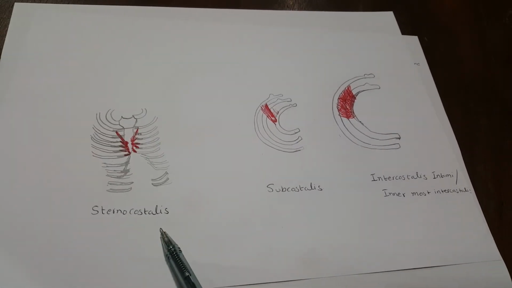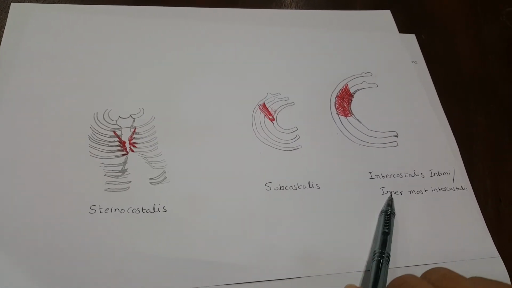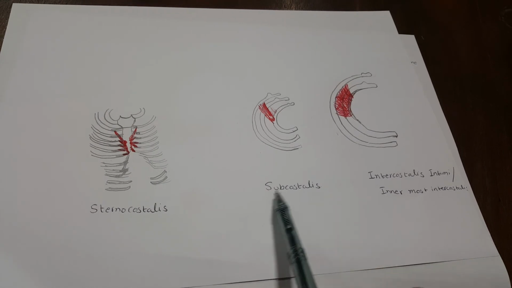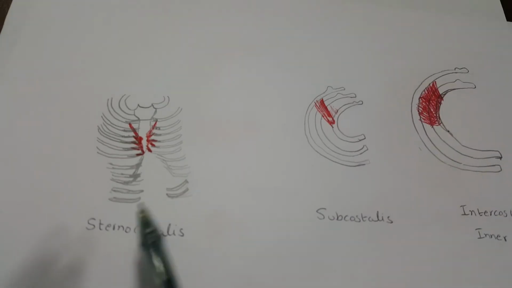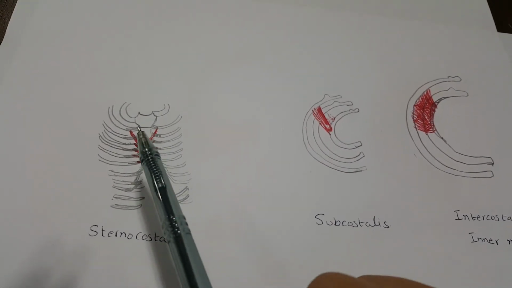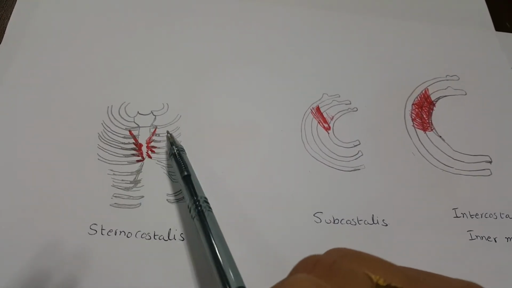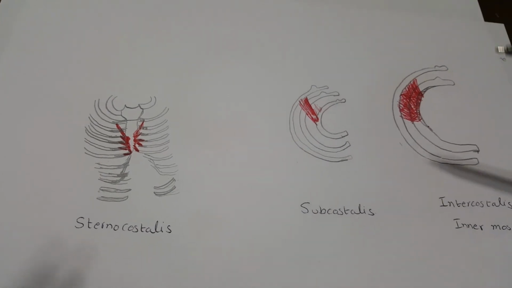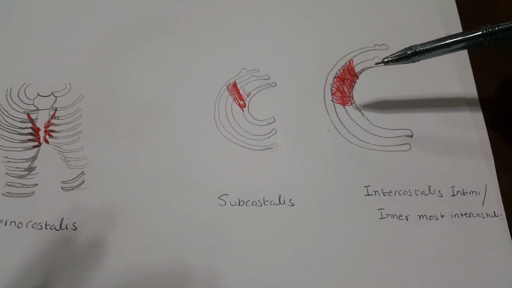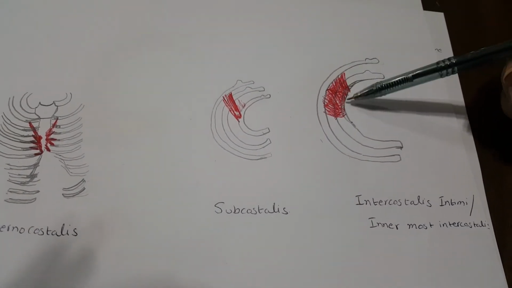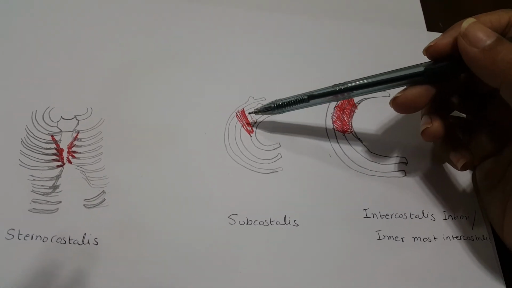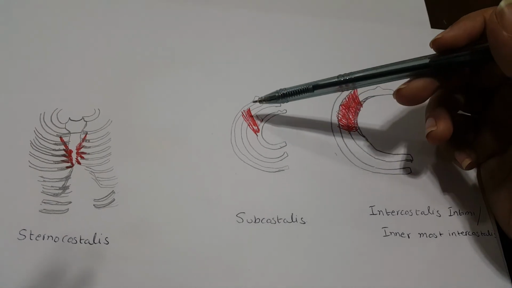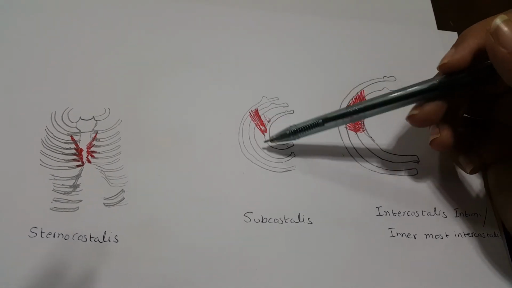Fibers of sternocostalis, subcostalis and intercostalis intimi muscle are directed backward and laterally, same as that of internal intercostal muscle. Sternocostalis muscles are present on the anterior part of the intercostal spaces. Innermost intercostal muscles are present on the middle part of the intercostal spaces, and subcostalis muscles are present at the posterior part of the intercostal spaces.